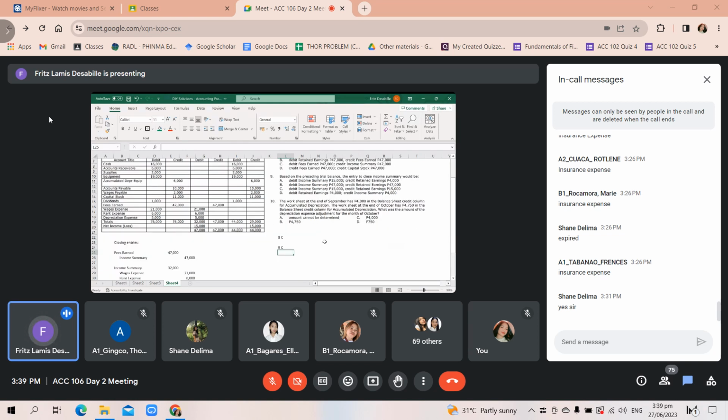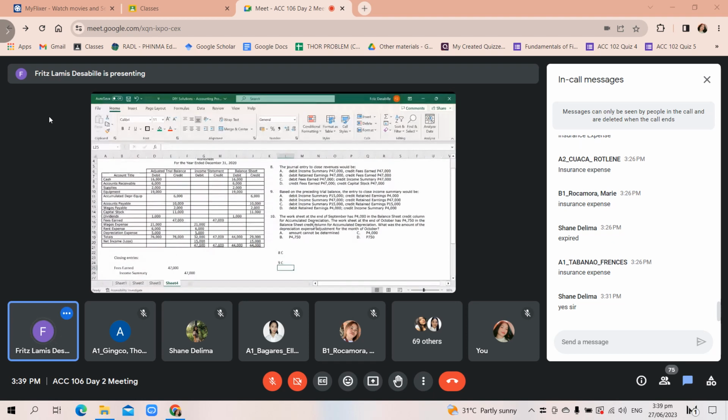So let's try to analyze. 4,000 in September, and by December 6,000. So there is an additional depreciation of 2,000 from September to December.